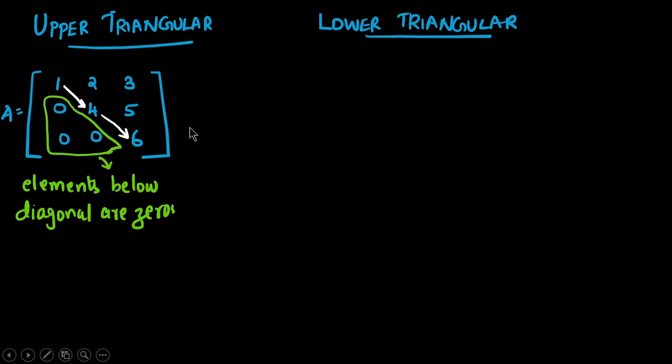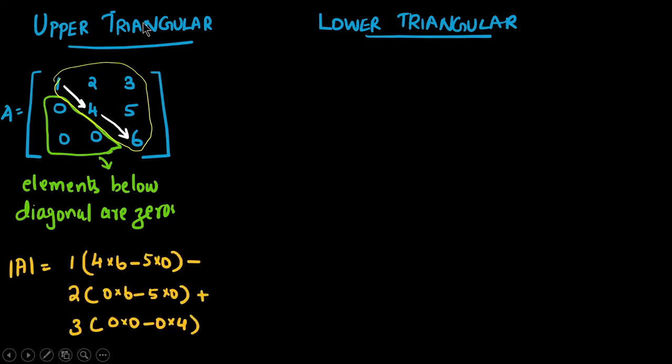This entire upper part is non-zero, so that is upper triangular. The naming is given for the non-zero values. So you understand it in that way.